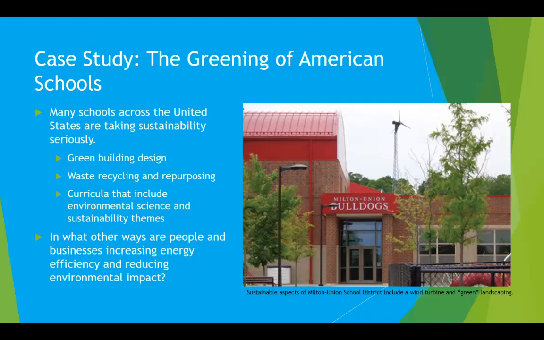So pause the video here, write down in your science notebook what your ideas are. What do we have at Willamette that's sustainable? How is Eugene working towards sustainability? What about Lane County? Pause the video here, take down some ideas, and then we'll come back and we'll work some more.